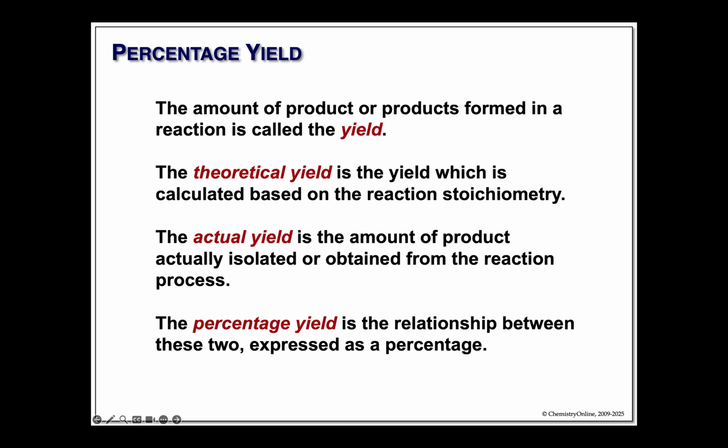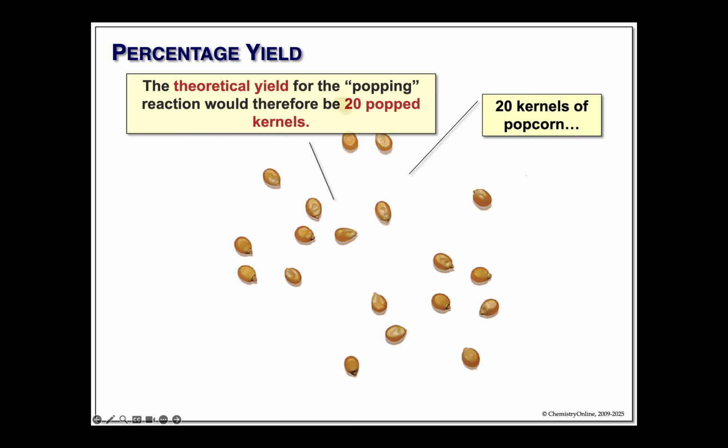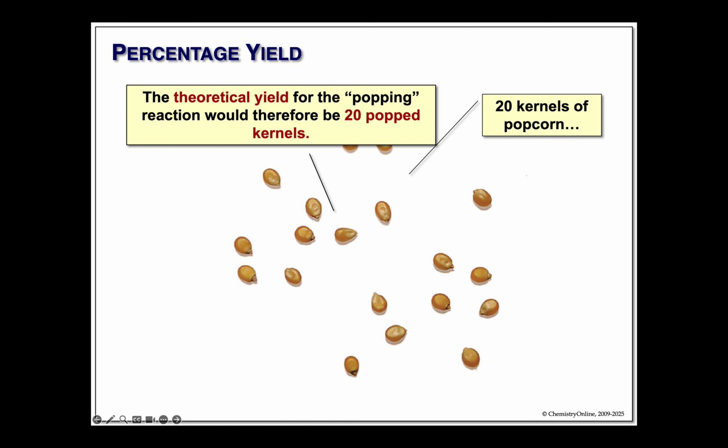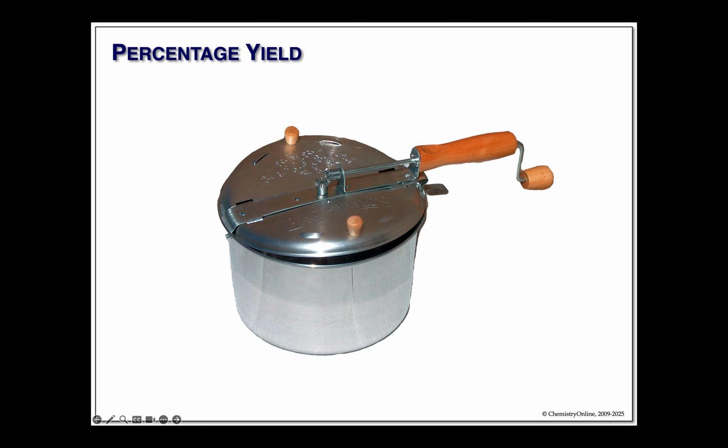Think of popcorn. There are 20 kernels of popcorn here. Our theoretical yield is 20 little puffy balls of popcorn, right? So let's take it, plop it into a pot, and let it pop. Dump it out.